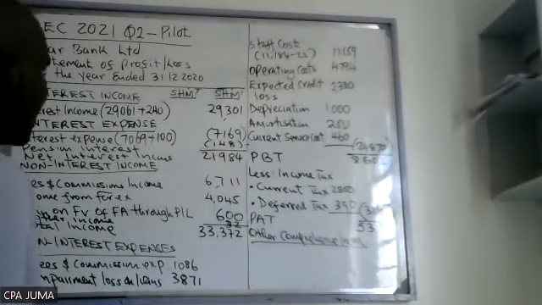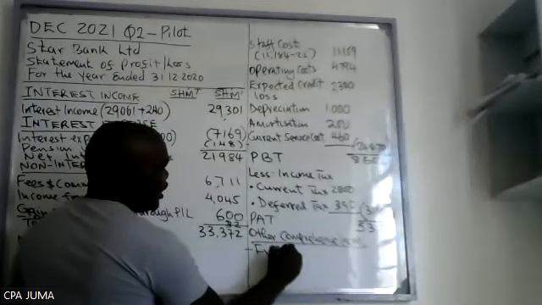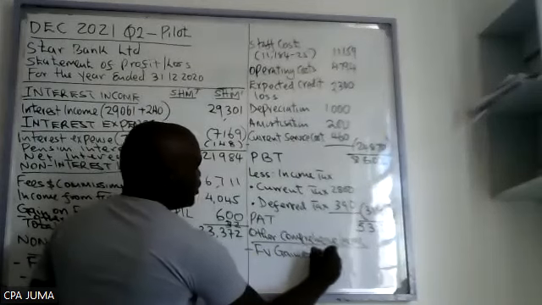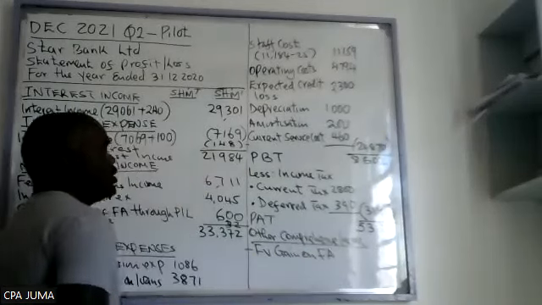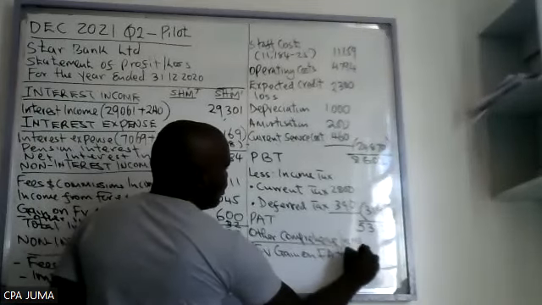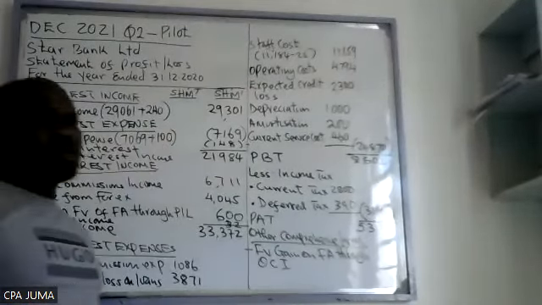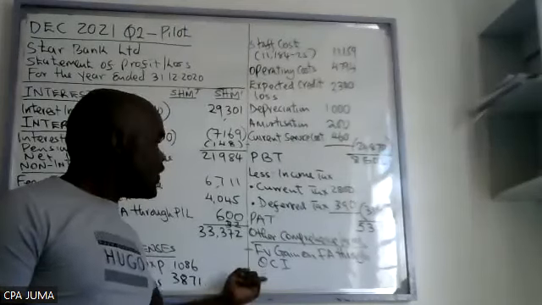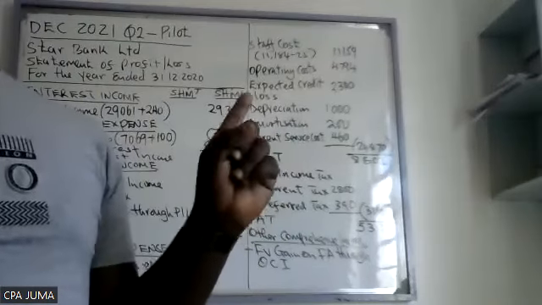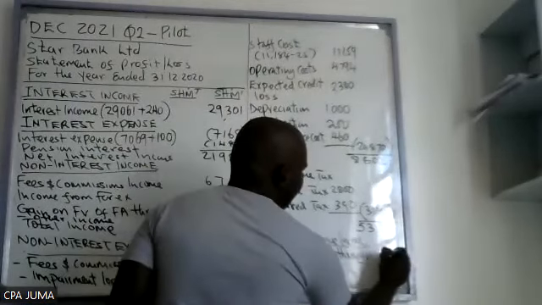So other comprehensive income, there was fair value gain on financial assets through other comprehensive income. OCI, we use it in so many questions. OCI stands for other comprehensive income. How much was it? It was 510.